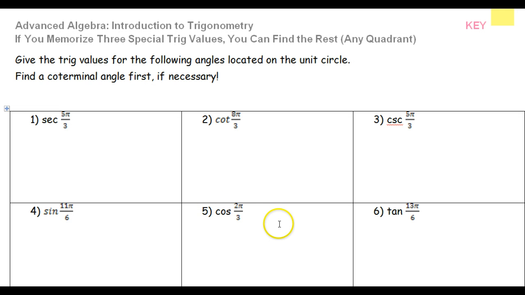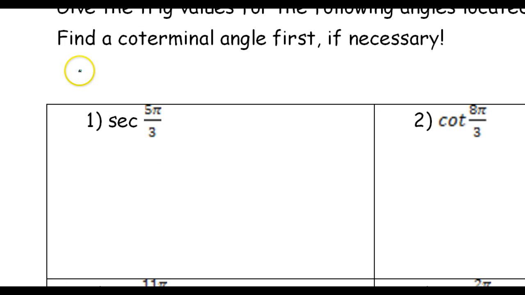Now, assuming you've done that, and I also have to assume that you followed the directions and memorized the 3 critical values. Here they are. I want you to memorize that the sine of pi over 4 is 1 over radical 2, also known as radical 2 over 2, but I'm going to use the first version today.